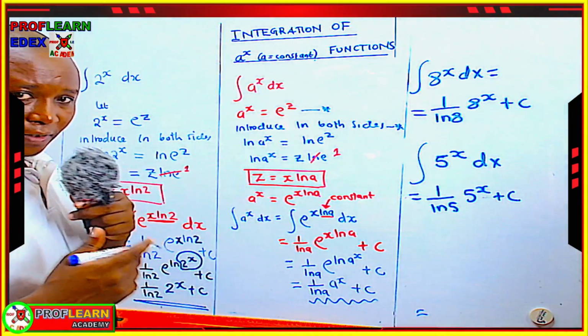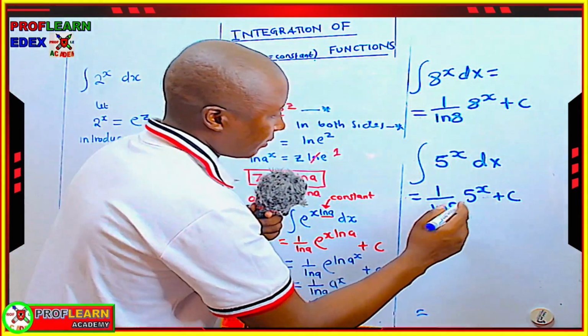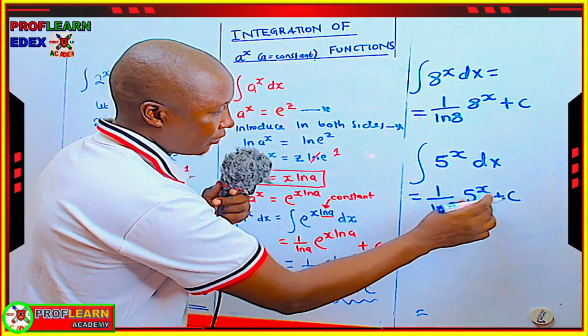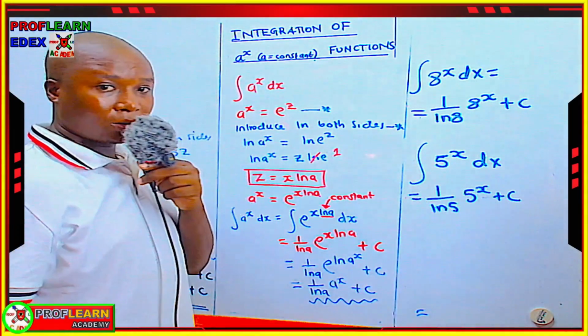So anytime you are given a question that way, remember you take the ln of the constant, 1 over the ln of the constant, then you write the expression the way it is.